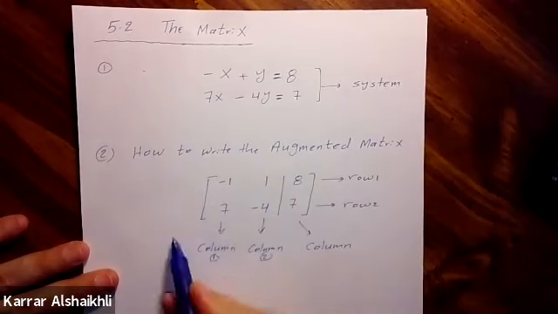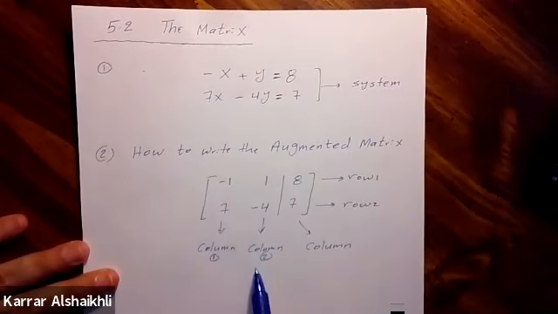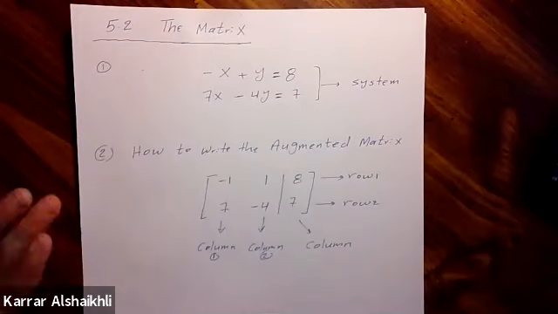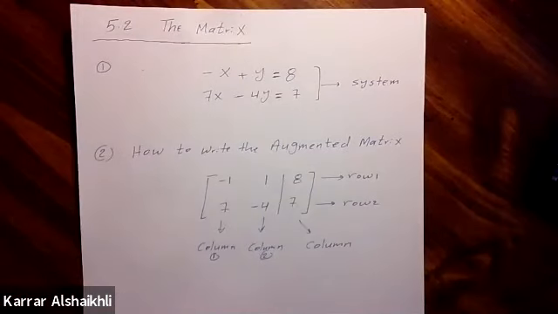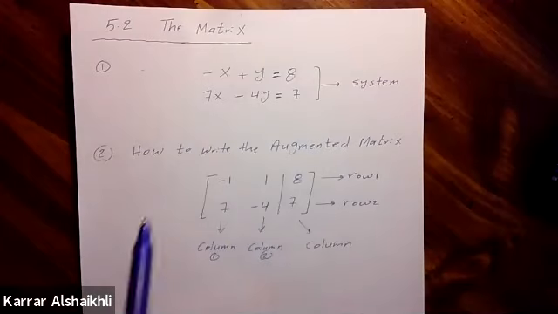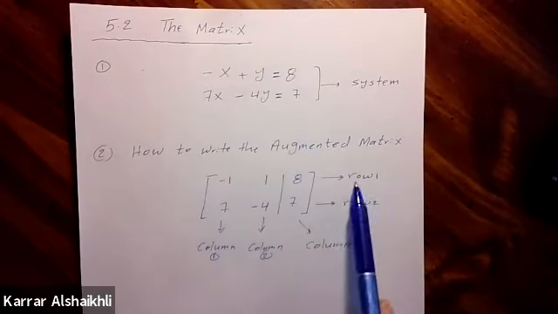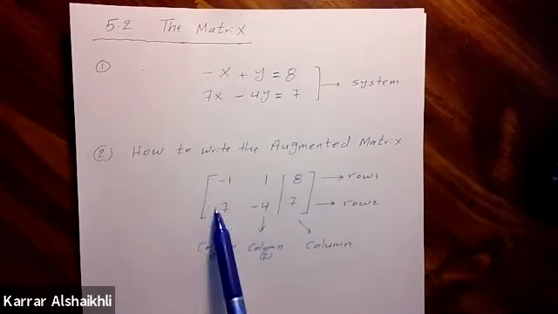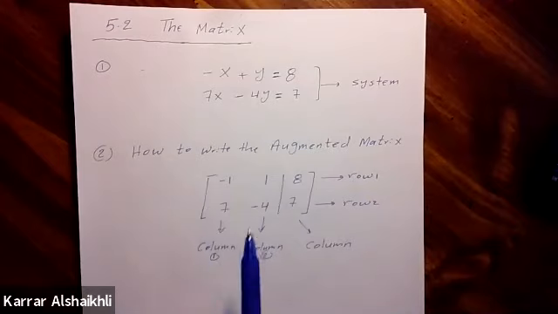Row 1, row 2, column 1, column 2, column 3. We're not going to study higher than this. We're just going to study 2 rows and 3 columns. So if they ask you, this is how the augmented matrix looks. If I tell you row 1, that means this one. Row 2, that means this one. Column 1, column 2, column 3.